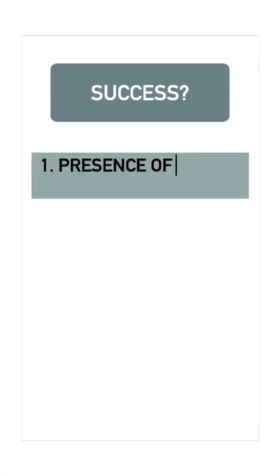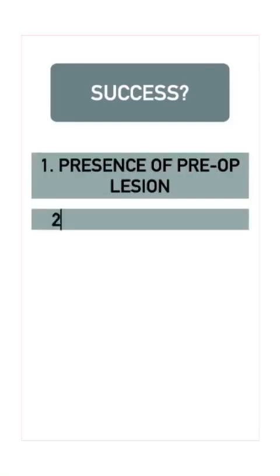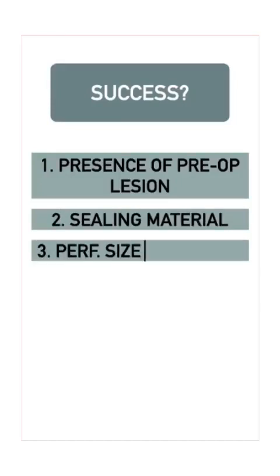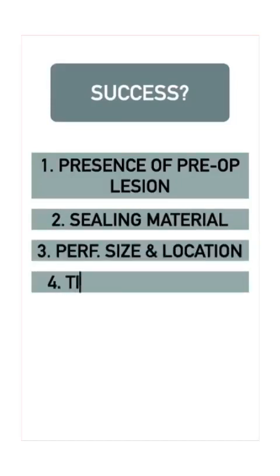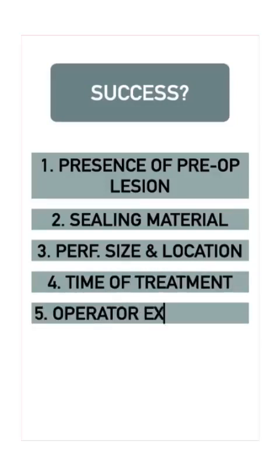What are the factors that may affect our success? First of all, the presence of a preoperative lesion, the sealing capability of the material, the perforation size and location, our time of treatment, and the operator experience.